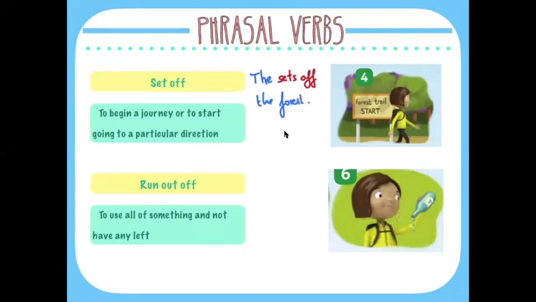And now we have what happened with run out of. No, don't worry, Paula. I describe, or I make the description quickly and make a sentence. Okay. There is a girl with a yellow jacket that has a bottle of water.